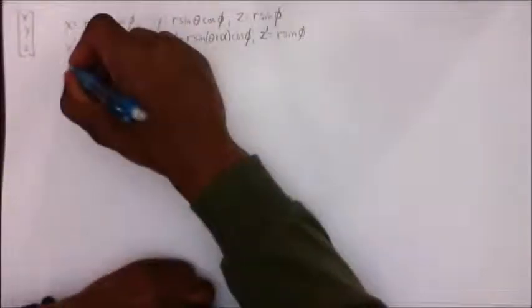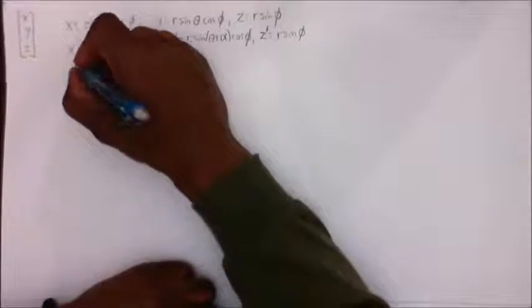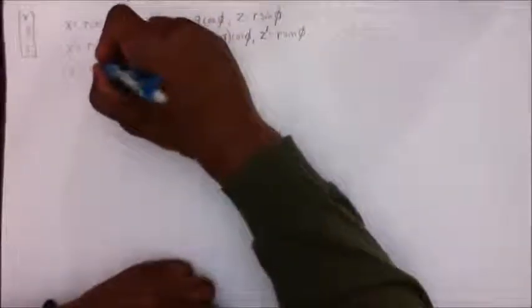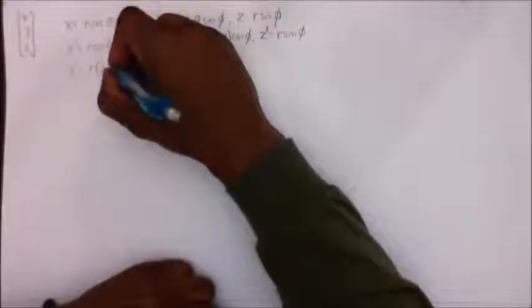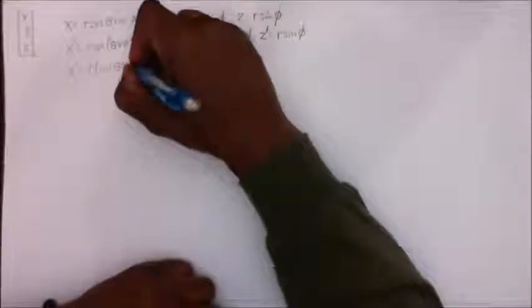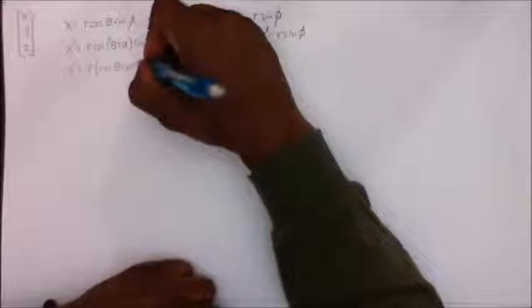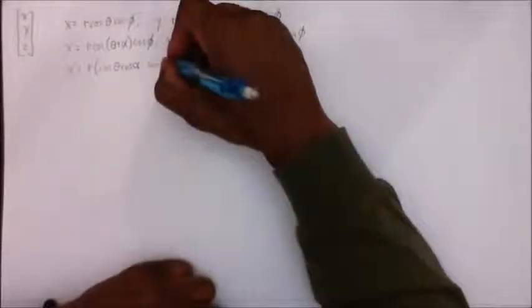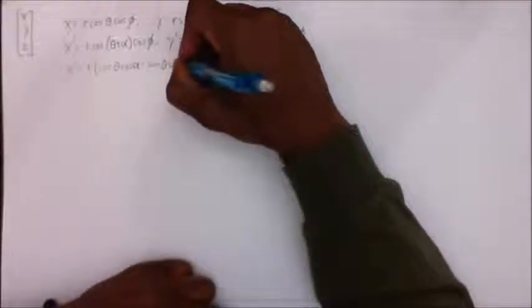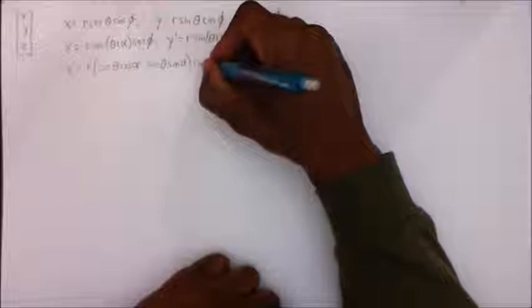So we know now that x prime is going to be r times (cosine theta cosine alpha minus sine theta sine alpha), which is basically cosine(theta plus alpha), times cosine phi.